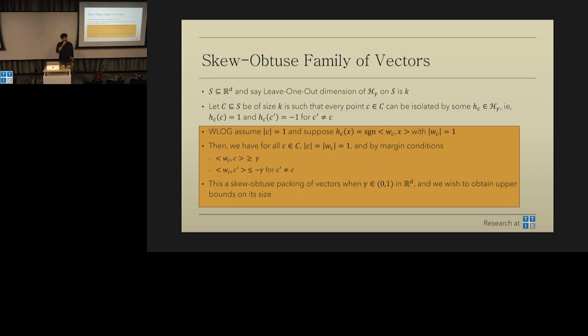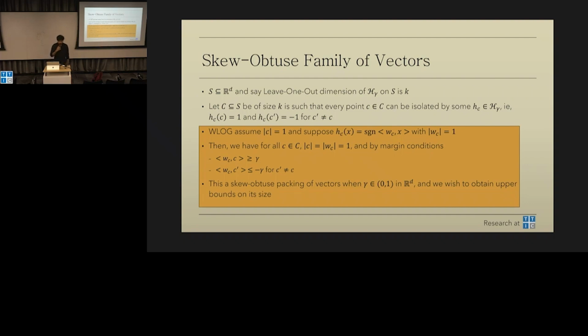I think the star number definition is a little more complicated. You also have to be able to isolate all sets of points up to cardinality R.